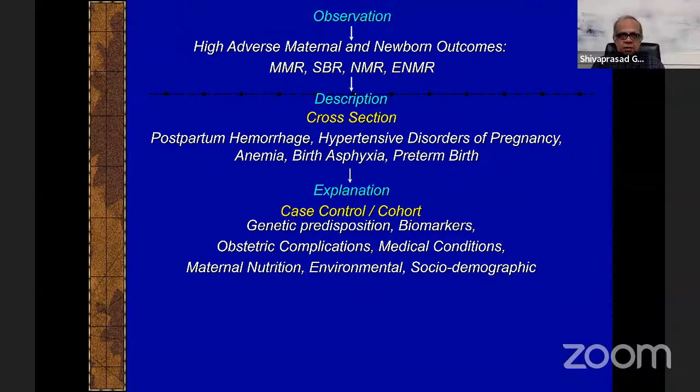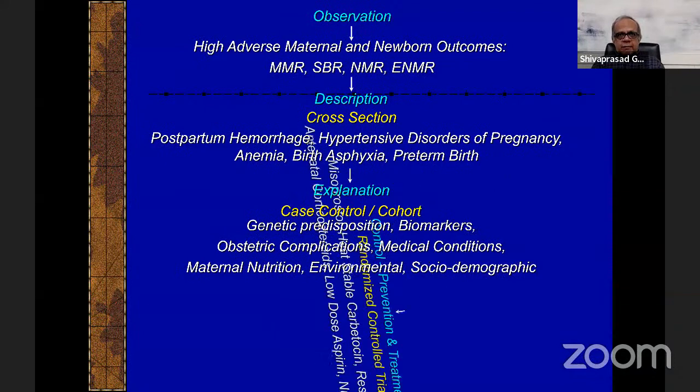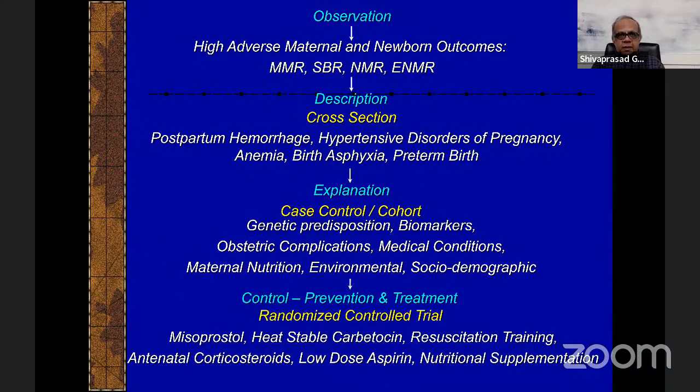So once you have this understanding, you can then go ahead and develop intervention studies to either control or prevent or treat. So if you're talking about MMR, the leading cause is postpartum hemorrhage.